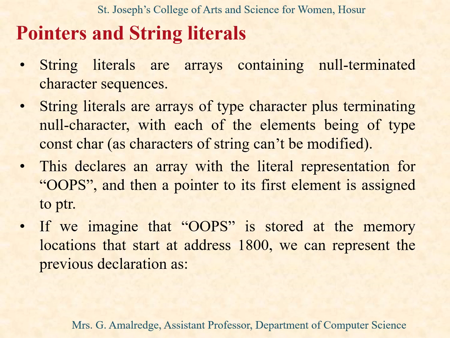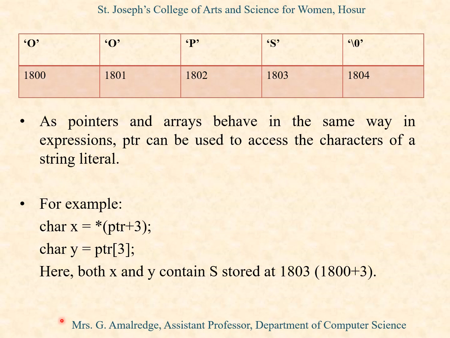Now let's imagine that "oops" is stored at the memory location that starts at address 1800. This is the table showing how "oops" is stored in memory. O has the memory address 1800, the next character has 1801, the next one 1802, and the last character has 1803, and the null character is stored at 1804.